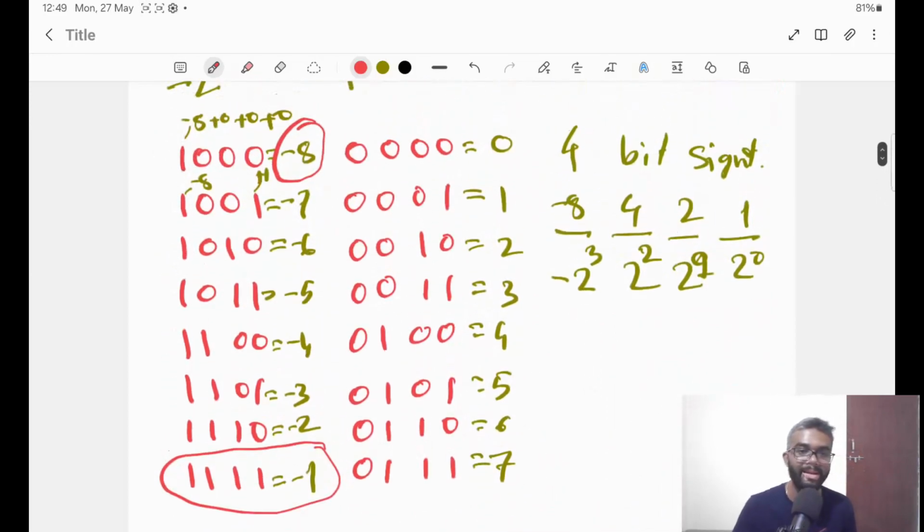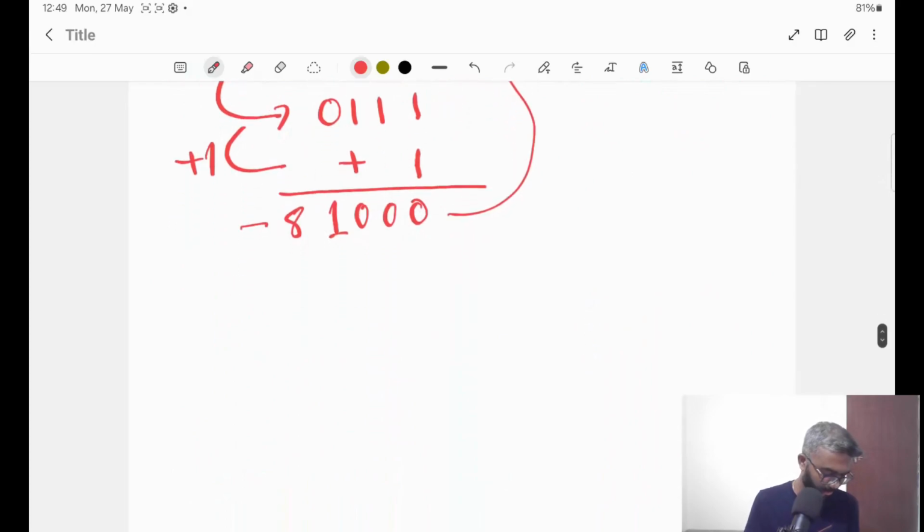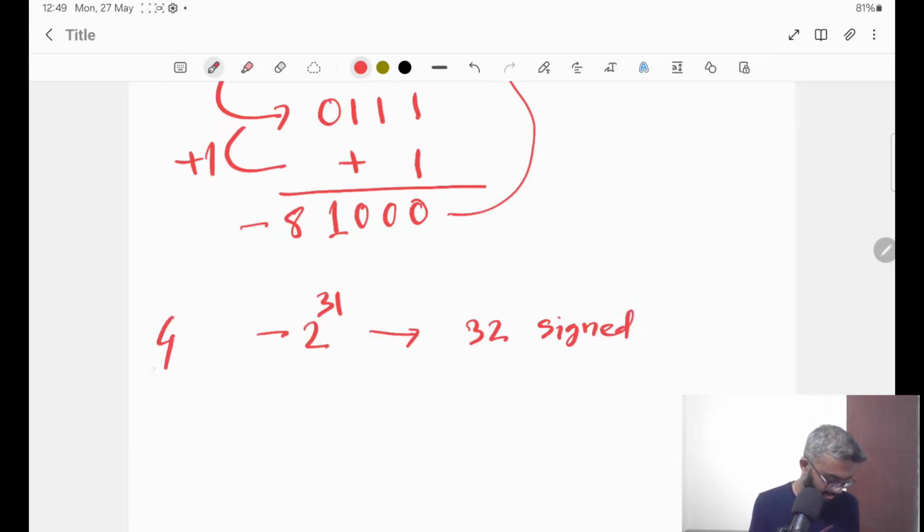This is why the program was unable to find the negative of the number that I gave you, because the number that I input was actually -2^31, which is the minimum number that can be represented in a 32-bit signed integer. As you have seen, for a 4-bit system, that number is -2 to the power 3 or -8.